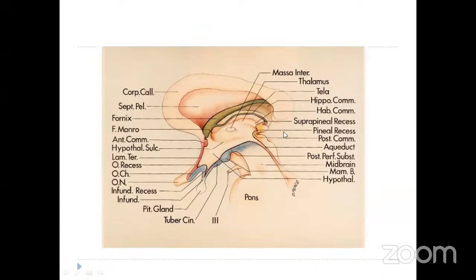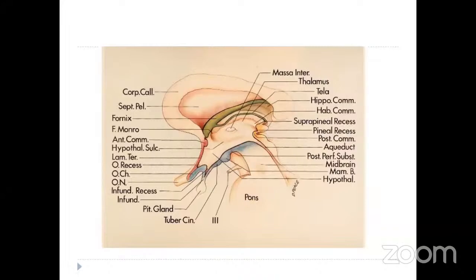The posterior part of the third ventricle is formed by the hippocampal commissure, habenular commissure, suprapineal recess and pineal recess. And posteroinferiorly, the aqueduct is present, which connects the third ventricle to the fourth ventricle.